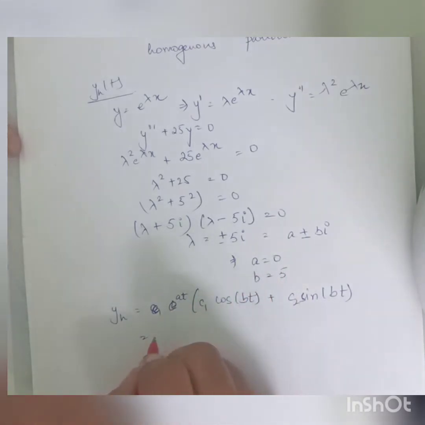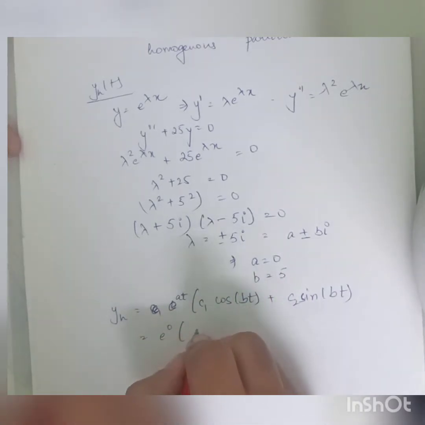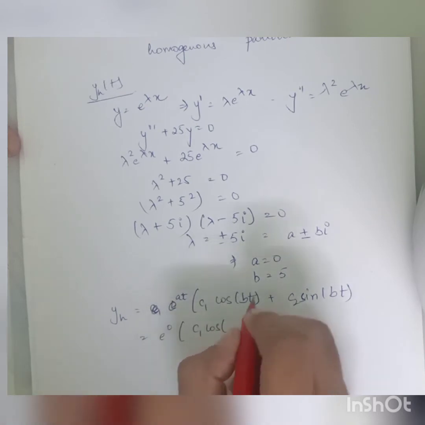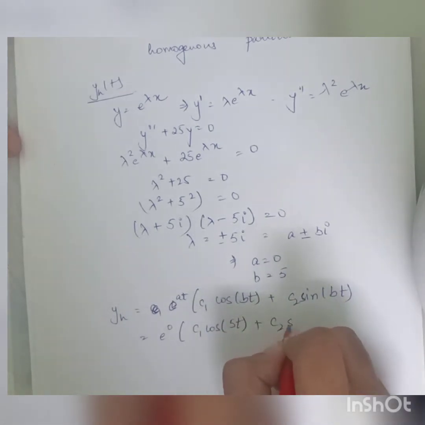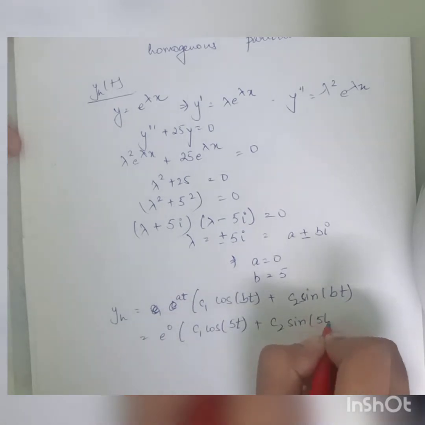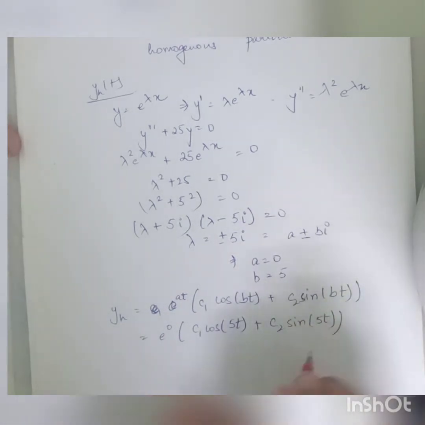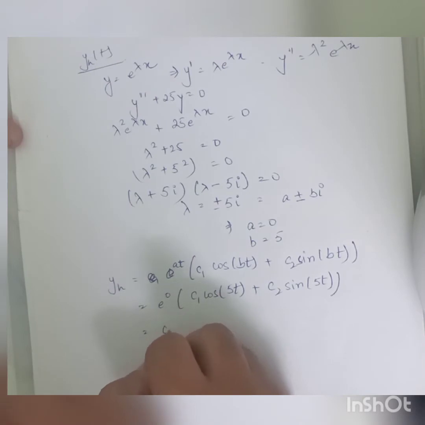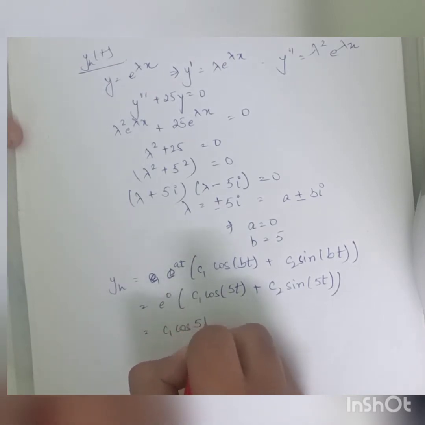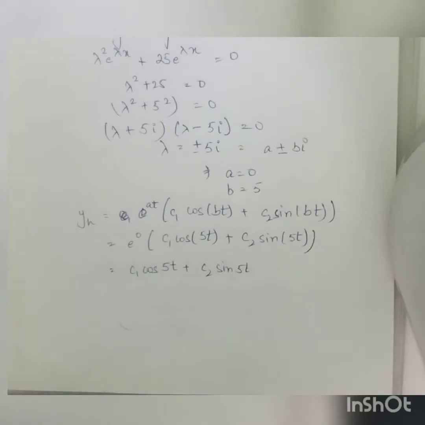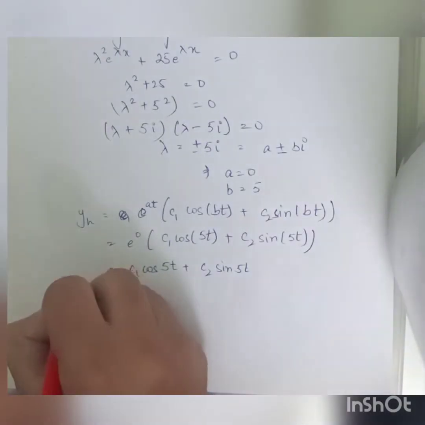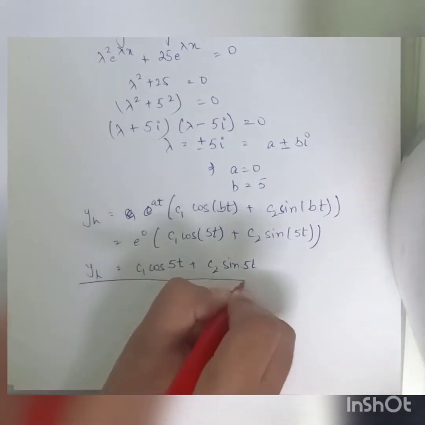The value of a is 0, so e to the power 0 is 1, and with b equal to 5 we get c1 cos 5t plus c2 sin 5t. So this is our homogeneous part.